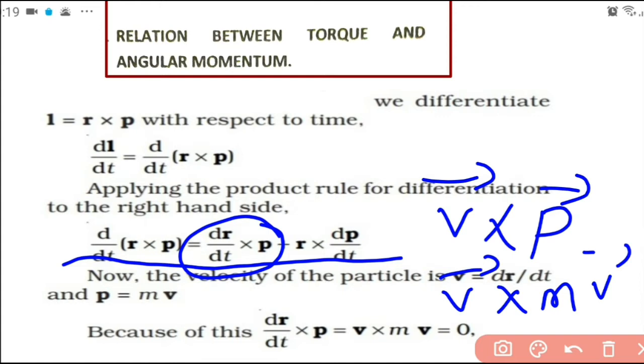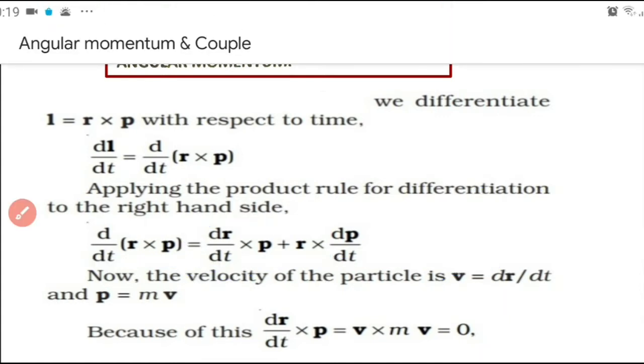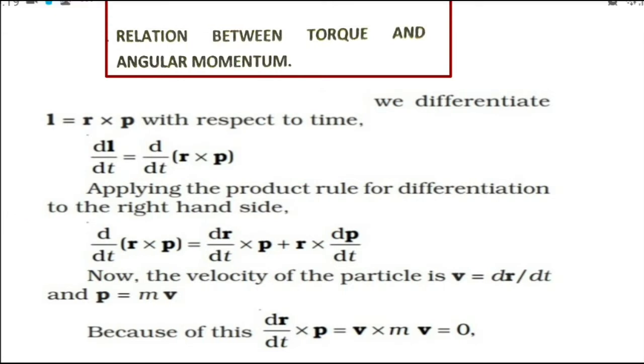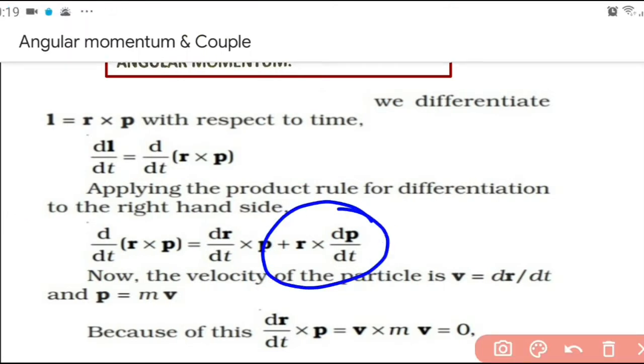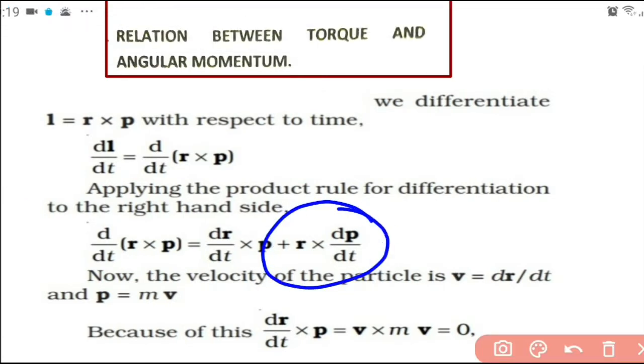And what remains is the second term. When we look at the second term, r cross dp by dt, dp by dt, from Newton's second law of motion, is nothing but F, the force.